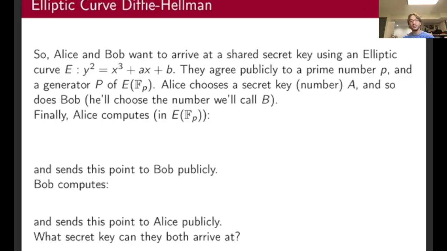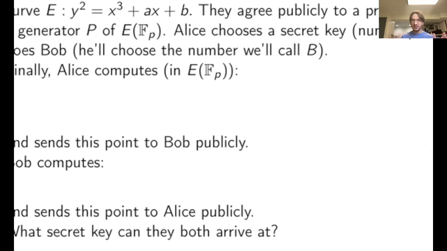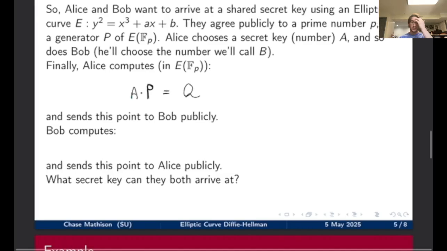Bob does as well. He chooses a secret key, capital B. Alice computes, in this elliptic curve setting, capital A, her secret number, times P. This gives her another point on the elliptic curve over Fp. Then she sends that point to Bob.